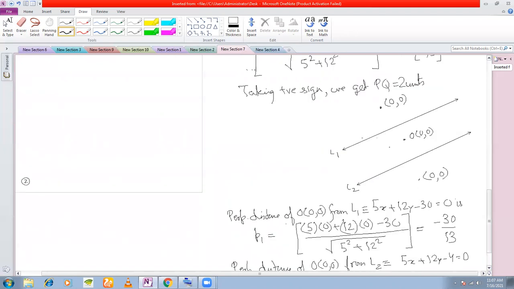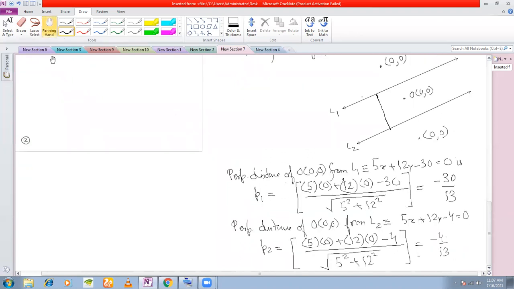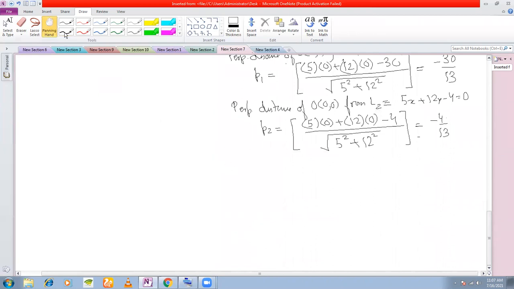So now, we have taken the distance of this straight line from the origin and the distance of this other straight line from the origin. Therefore, the distance between the two parallel lines will be, now we take the plus or minus sign. Because we don't know which side the origin is, the distance between the two parallel lines is equal to plus or minus P2 minus P1.